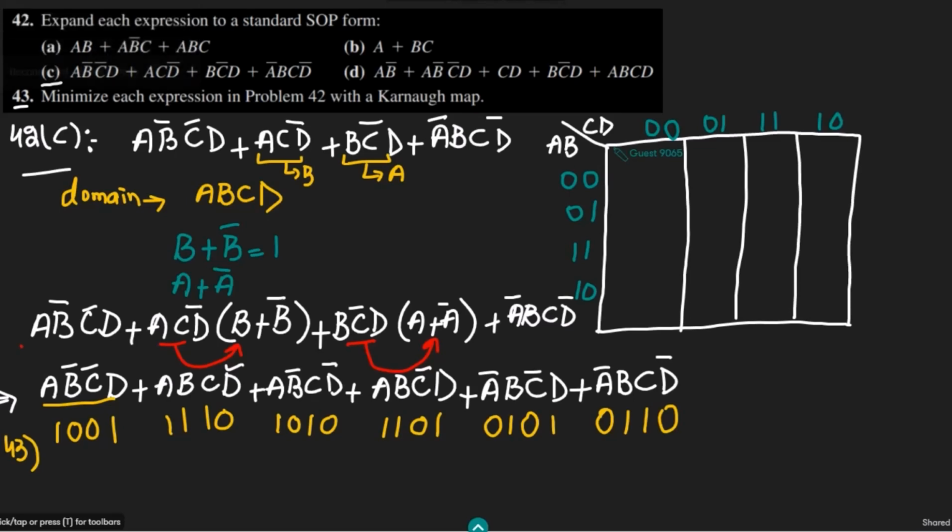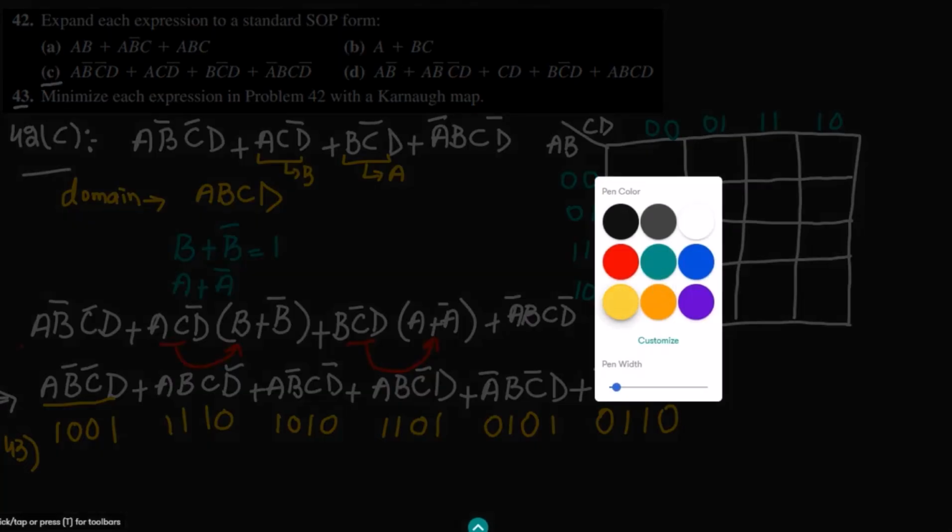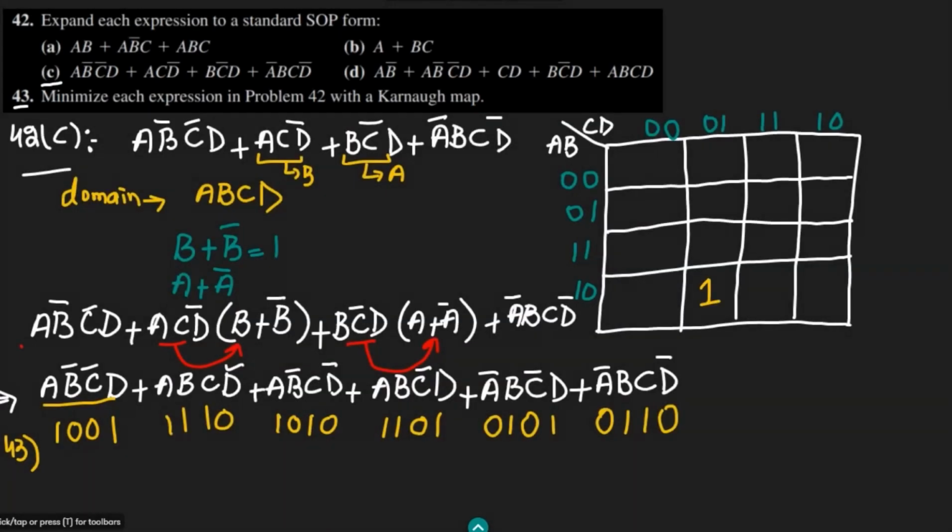These are the cells. Then writing ones for all the binary values which we have got here. So 1001 is here, so let me write 1 here. 1110 is here.